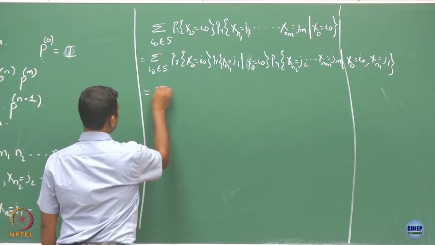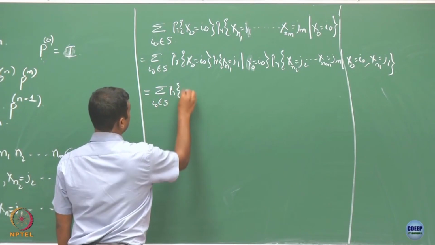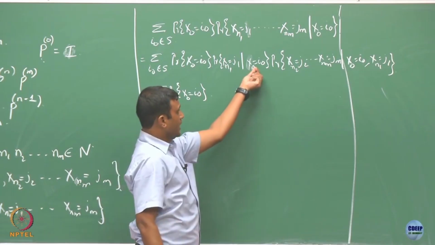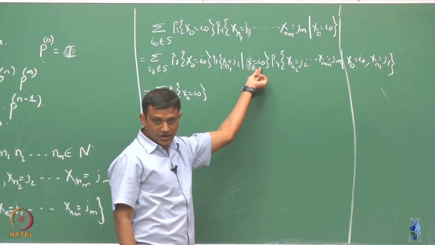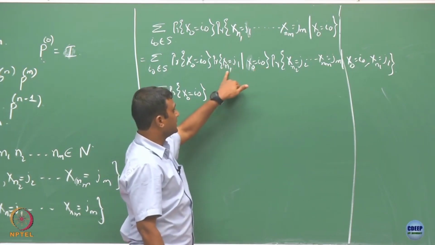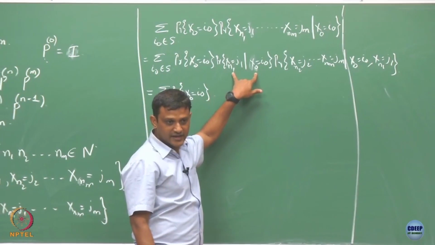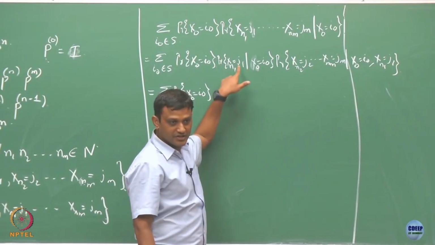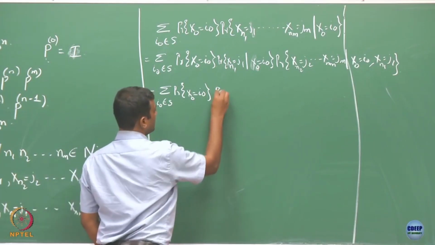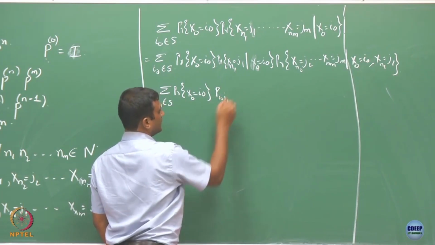Now let us try to understand this part. What is this? In the beginning, in the 0th round, I am in state I naught, and then I am going to jump to state J1 in n1 rounds. So you are basically jumping in n1 steps from state I0 to J1. What is this probability in our notation? It is P I naught J1, and what is the superscript?